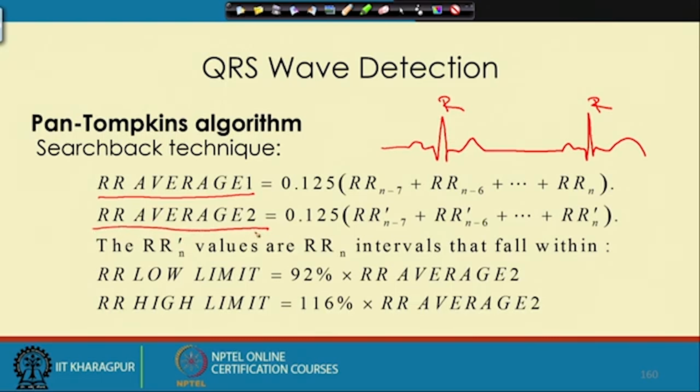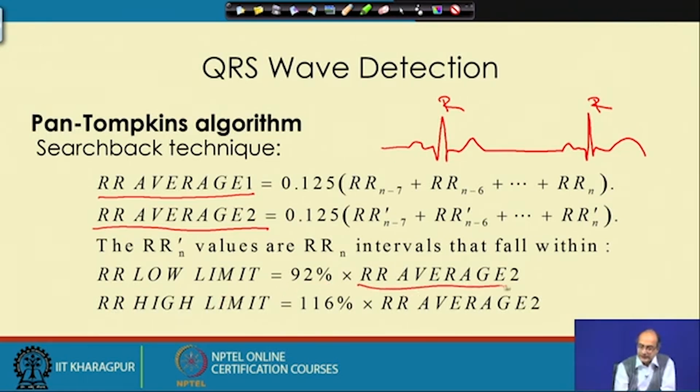Now, how is that refined? A lower limit and upper limit are set, taking RR average 2 as a more stable or robust estimate of the RR interval. The lower limit is set as 92% of it and the upper limit as 116% of it.